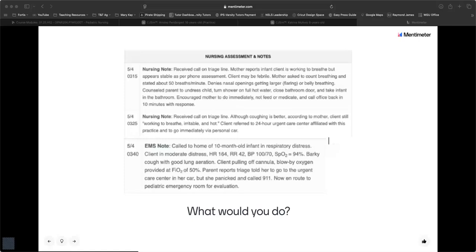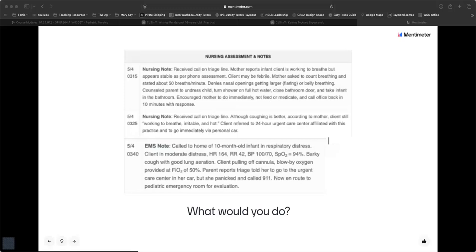So what condition do you think we have here based on that assessment, and all of those signs and symptoms? Maybe let's start with our signs and symptoms that we're seeing.